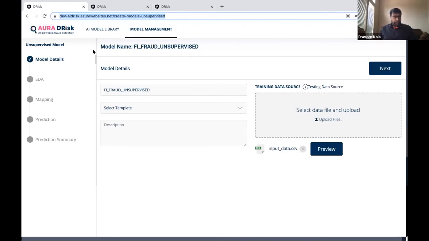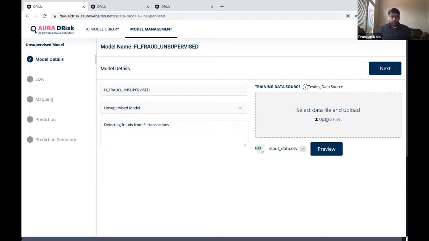This is an unsupervised model. What I'm trying to do in this case is the same demo scenario I was talking about. I'm going to create a model, and I'm going to select what type of model I want, that is unsupervised. This is detecting frauds from finance transactions.